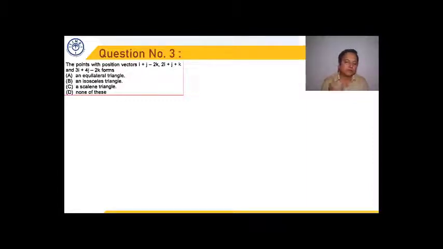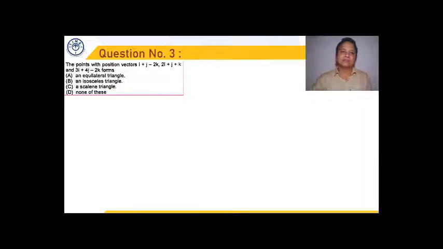So first of all, we have to find the length of the sides of the triangle, that is, the magnitude of the sides. If all 3 sides are equal, it becomes an equilateral triangle. If exactly 2 sides are equal, it becomes an isosceles triangle. If no sides are equal, then we should mark scalene triangle. And if none of the 3 conditions occur, then our answer would have been option D, none of these.